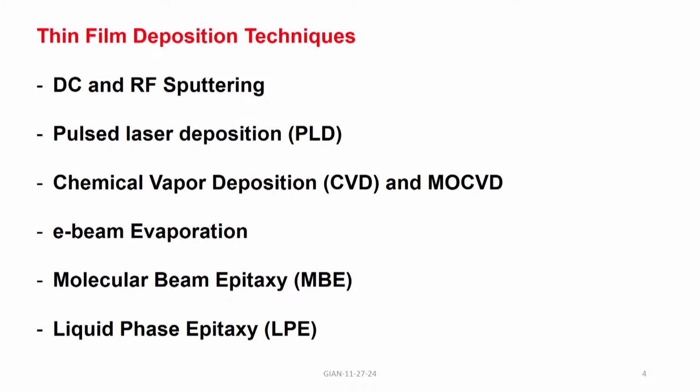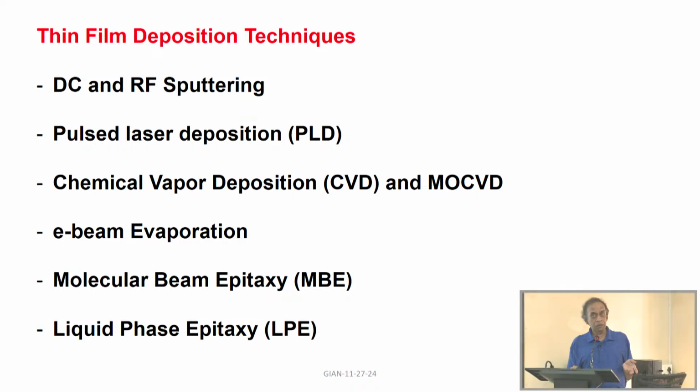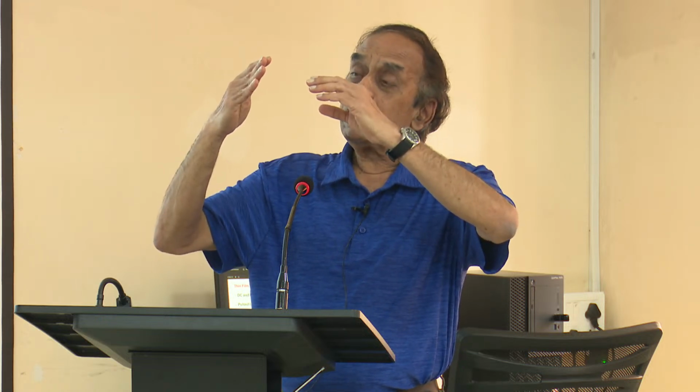There are many ways to make these thin films, and some of them are listed here. DC and RF sputtering. For example, in RF sputtering, if you want to make a film of some material, let us call it A, on a substrate, there will be a target of the material for which you want to make the thin film. You can use radio frequency energy to make a plasma of either argon or oxygen.